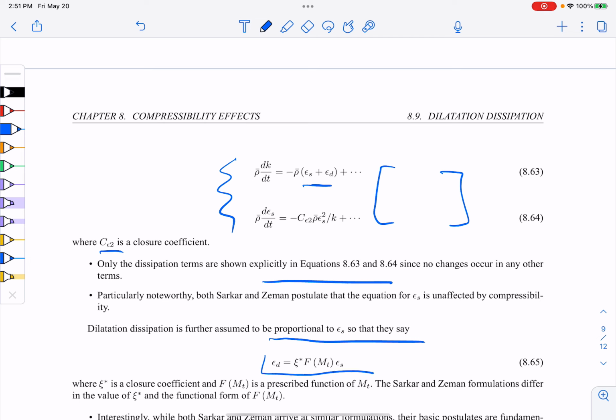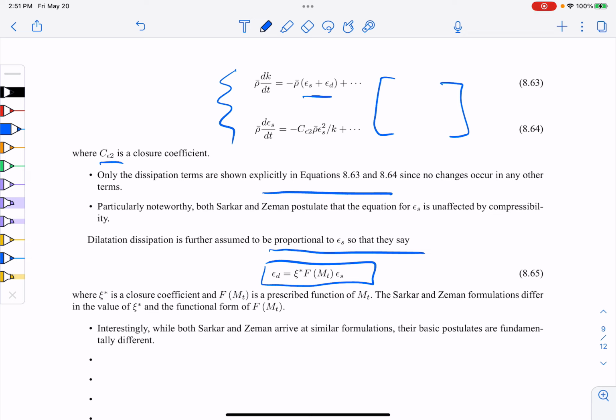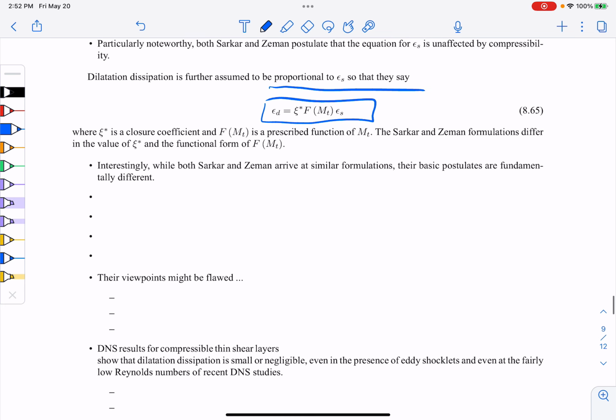And so they've related them in this particular function 8.65, where chi star is a closure coefficient and F(Mt) is a function of Mt. They prescribed and give ideas what this function might be based on their DNS experiments. Now, both of them arrived independently at the same formulation, and their postulates, however, are very, very different, which is very interesting. For example, Sarkar and his co-investigators postulated that epsilon d varies on a fast compressibility timescale relative to epsilon s.